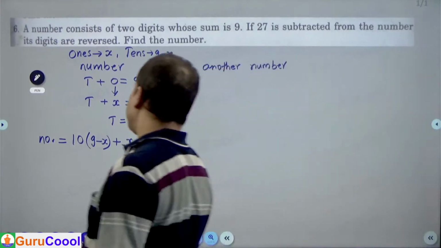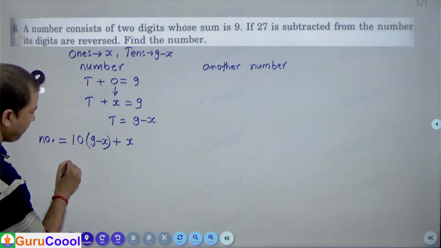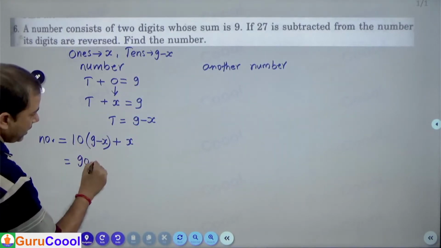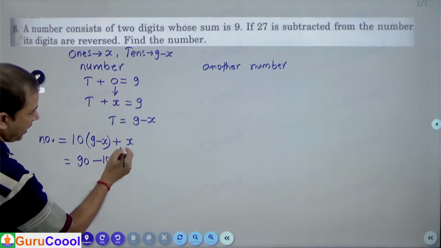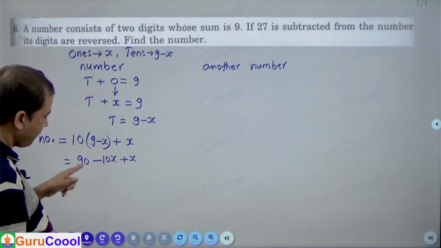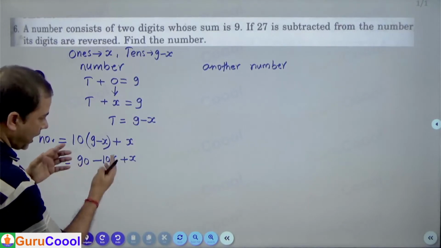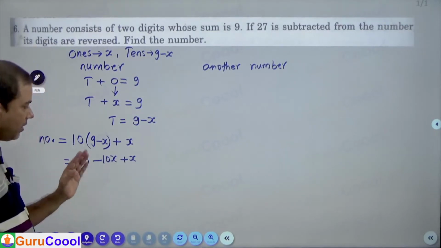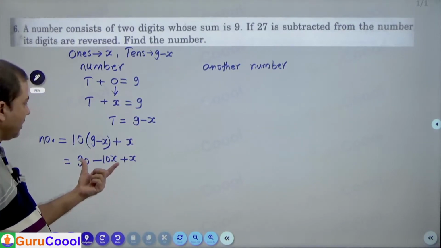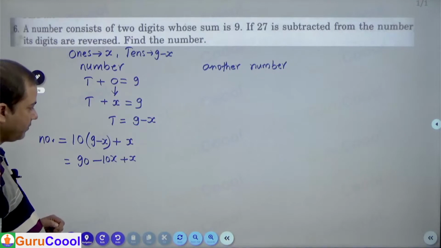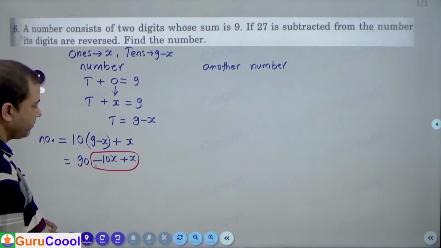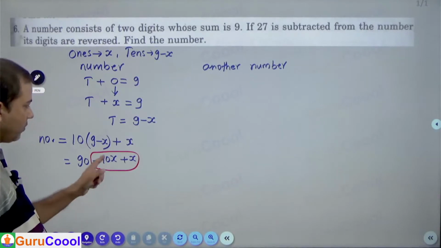So now let us simplify what number it is. 10 into 9, 90. 10 into minus x, minus 10x, and then plus x. I know this is not looking like a number, but we are creating an algebraic expression which is representing the number. Now we can combine these two. What is this?